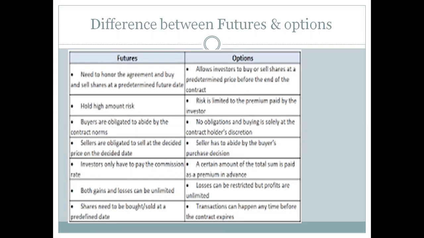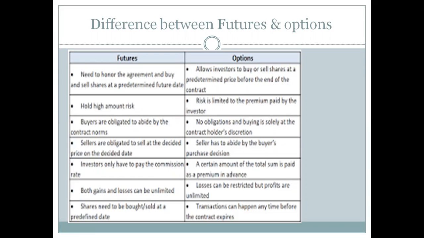Buyers are obligated to abide by the contract in futures. Here in options there is no obligation. Sellers are obligated to sell at the decided price on the decided date. In options, the seller has to abide by the buyer's purchase decision. Investors only have to pay the commission rate.